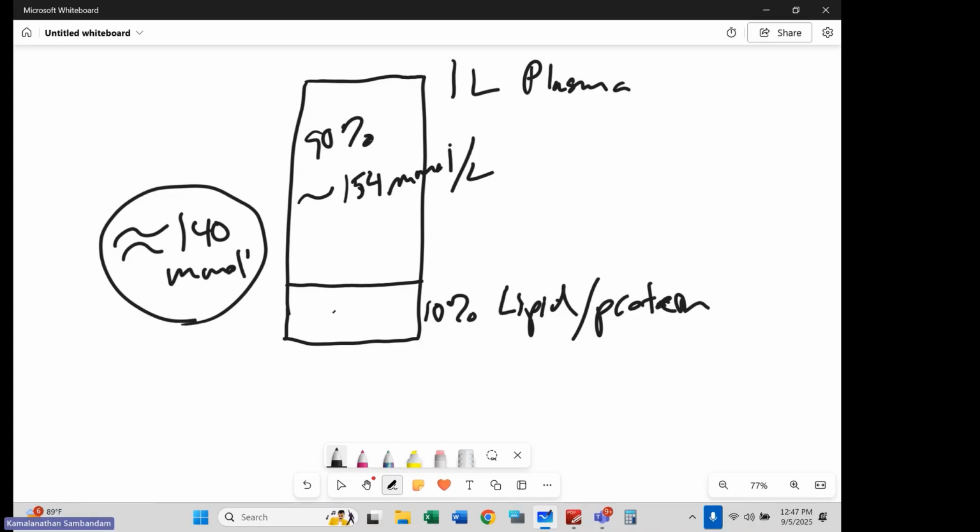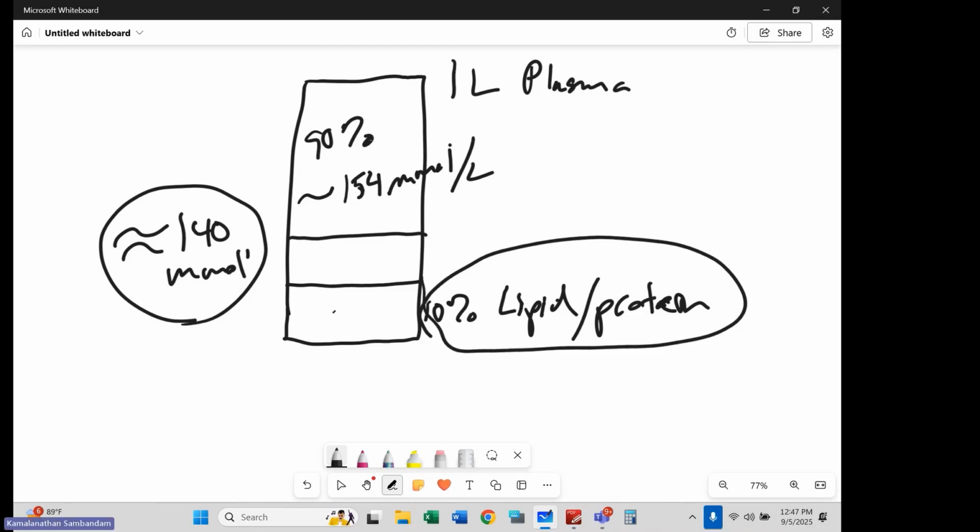Okay. Now, in the lab, they dilute the sample before measuring the plasma water concentration. So, if you were to have a larger proportion of non-aqueous components, when you dilute that sample, the sodium concentration drops more, right?